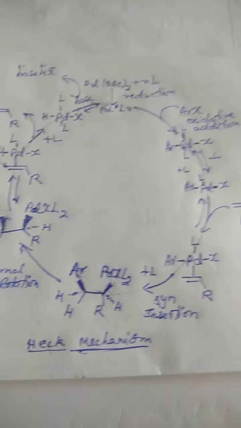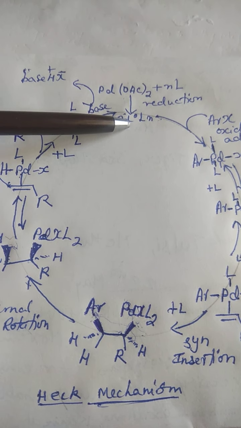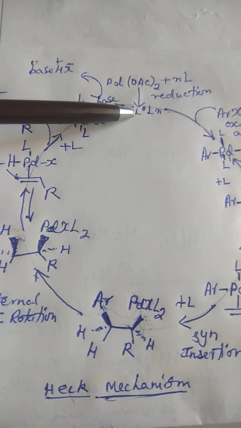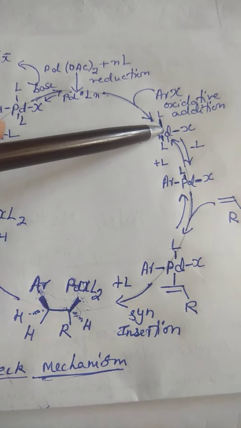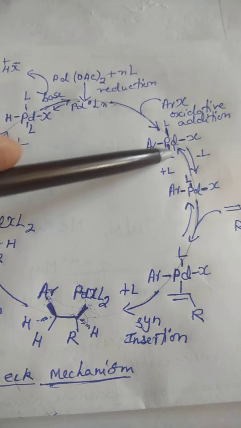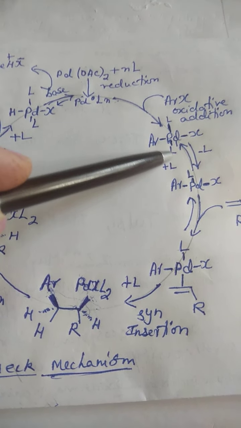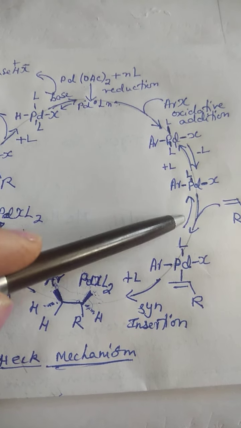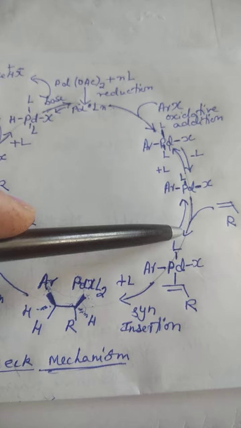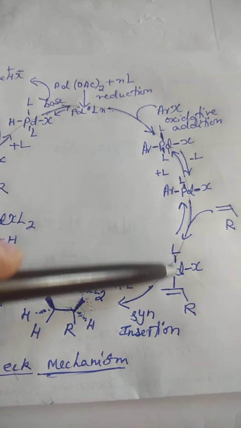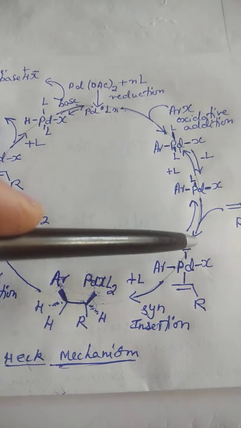I hope you will be able to recollect this cycle. How? Let's see. This palladium pre-catalyst changing to what? The palladium 0 valent. That is the main catalyst. This undergoing oxidative addition to form this complex, this compound rather. This with the help of this alkene now changing into this complex where it is a syn insertion.